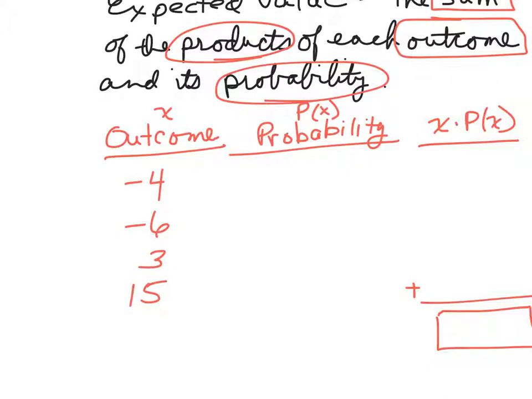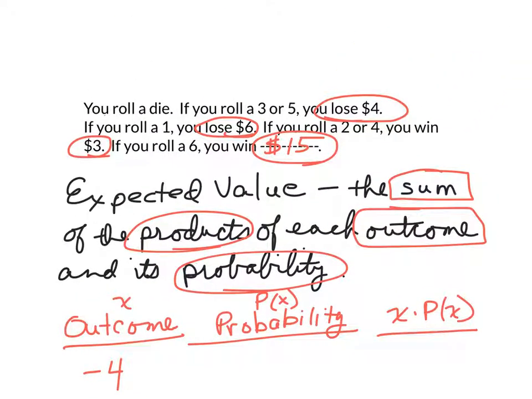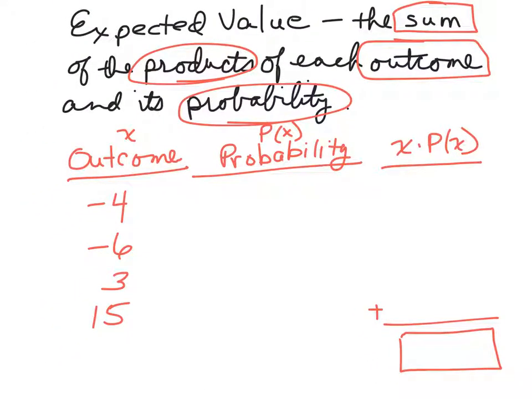Okay, now we want the probability of each of those. So let's go back and see what the probability of those are. I lose 4 if I roll a 3 or a 5. So that's got a probability of 2 out of 6. Let's see, I lose 6 if I rolled a 1, right?